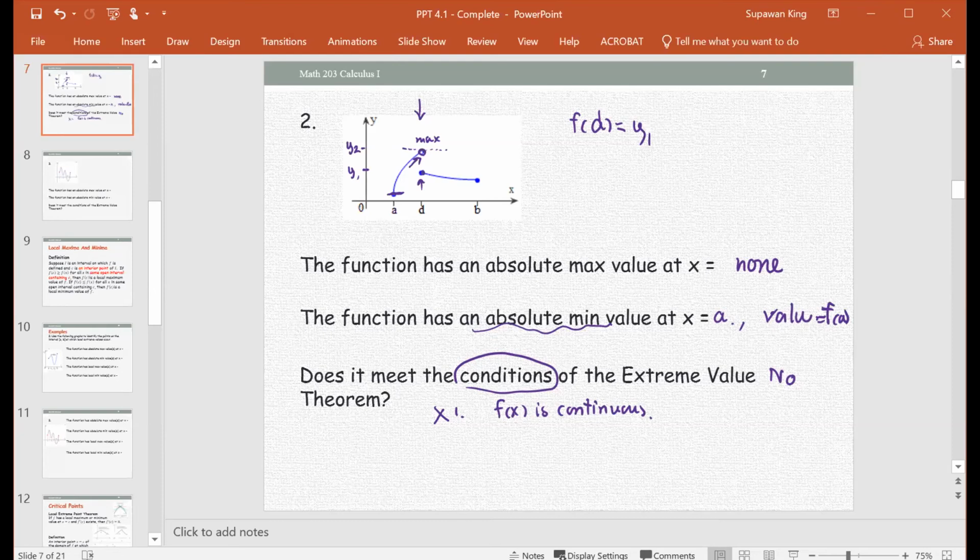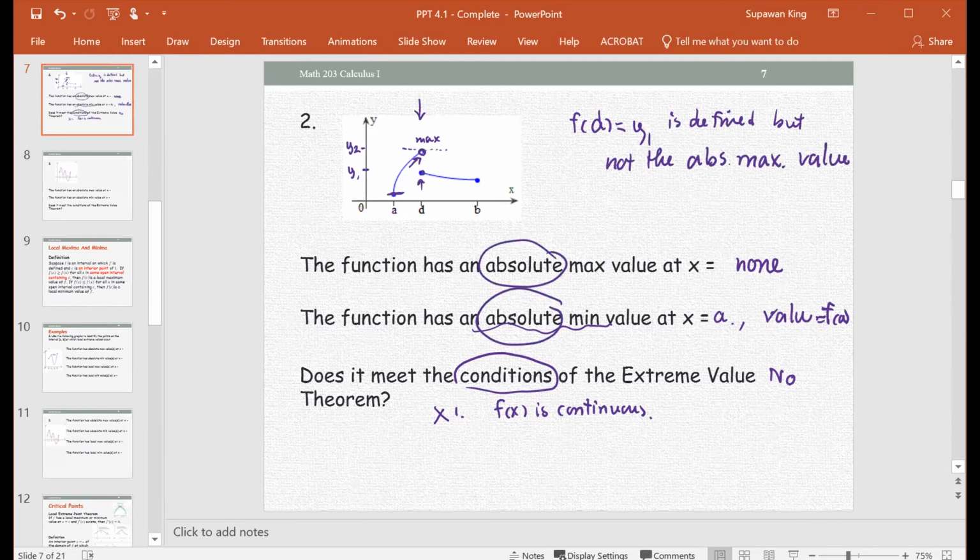Another reason we can say this: f at d equals y1 is defined, but it's not the absolute maximum value, because it's not the greatest value overall. When we talk about the absolute, that means for the entire domain or entire given interval.